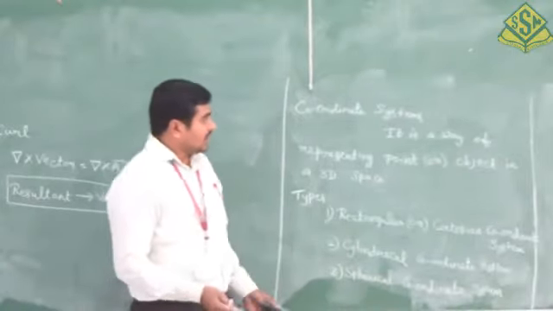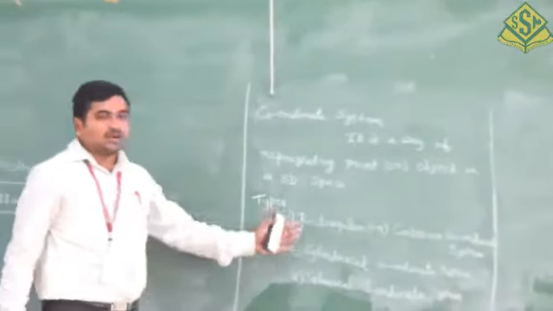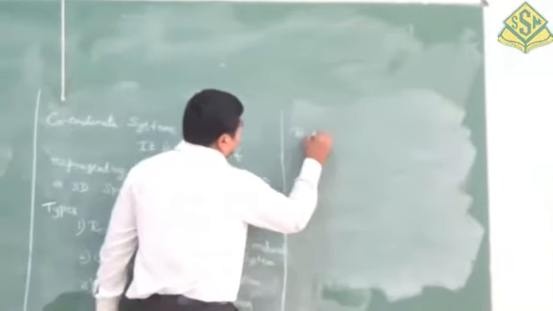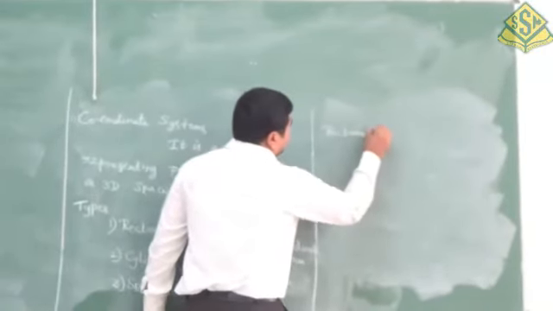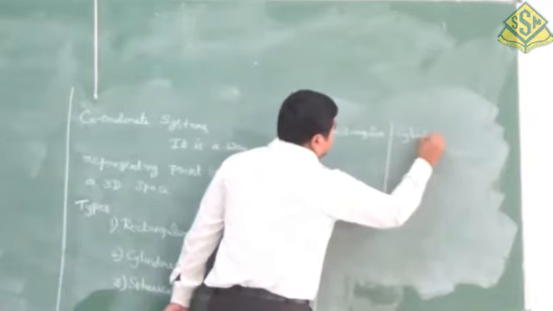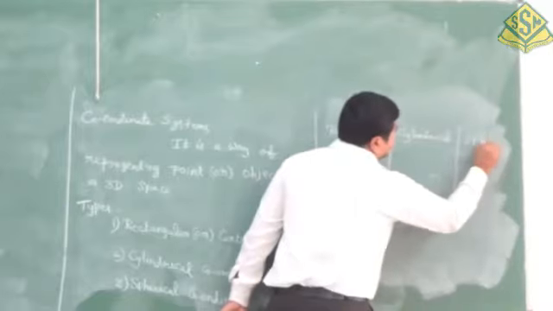Here we are going to compare all these coordinate systems: rectangular, cylindrical, spherical.